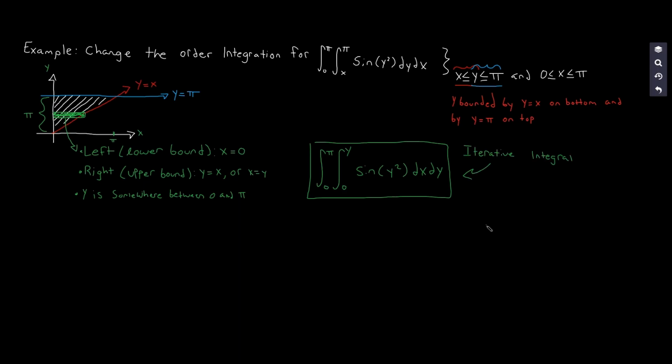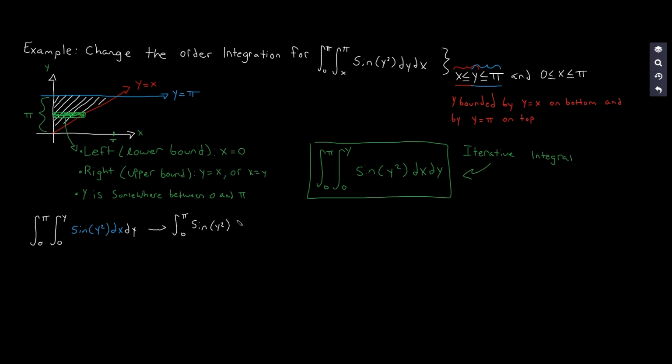So if we want to look at this, I want to do this inside integral first. To evaluate the blue integral, we notice that it's integrated with respect to x, which means that we are going to treat sine of y squared as a constant in its entirety. So we're just going to factor it out of the integrand.